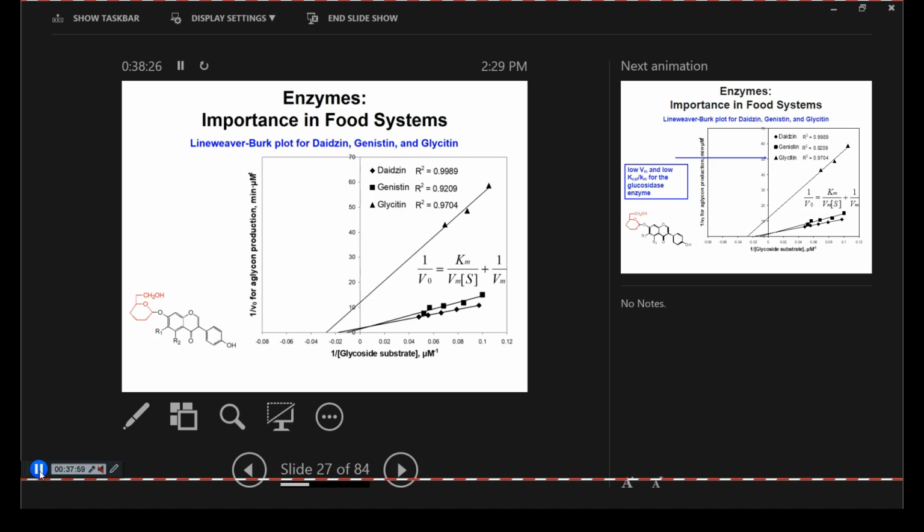Glycitin is the least bioavailable because if you just look at the Vmax, the intercept, 1 over Vmax has a higher value here. That means Vmax is smaller, right? Because it's the inverse. So high here means smaller Vmax.